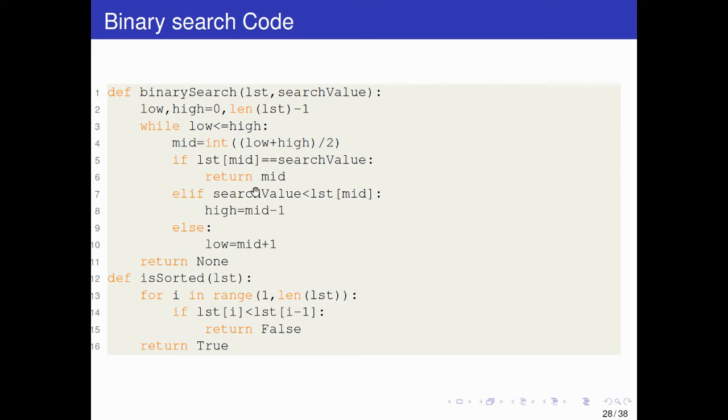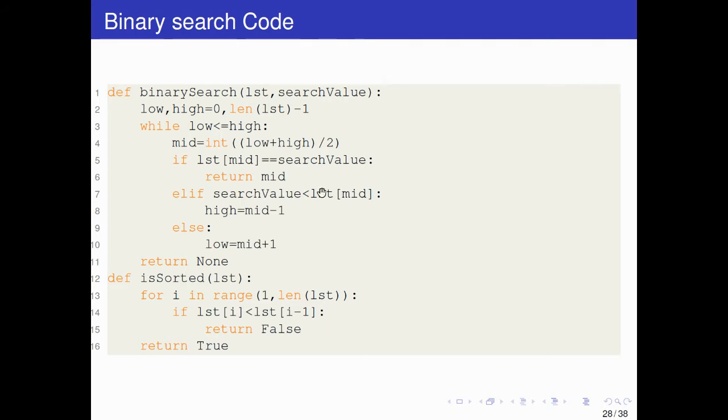If mid is not equal to the search value, then there are two possibilities: either the search value will be less than the mid value or greater than the mid value. If the search value is less than the mid value, it means you will look into the left half of the list.